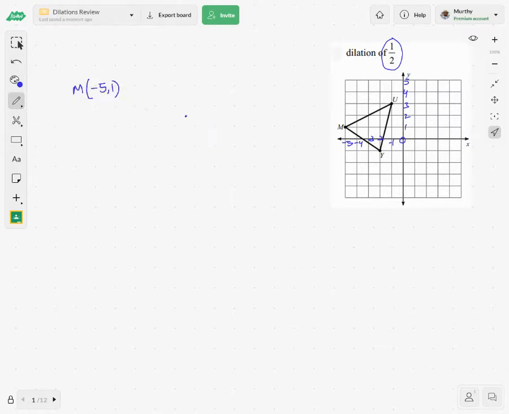Let me increase the thickness. Next, point U. On the x-axis, I see that it is at -1, and the y value, you can see that it is 3.